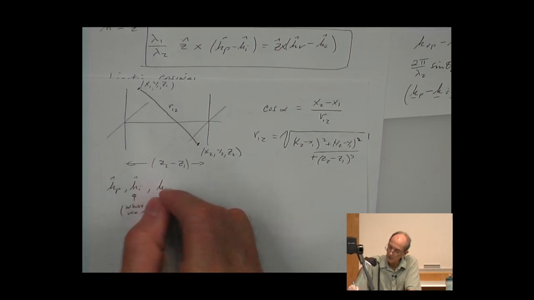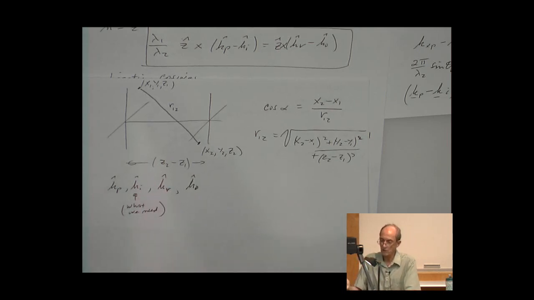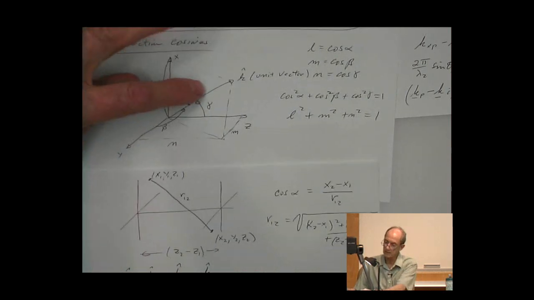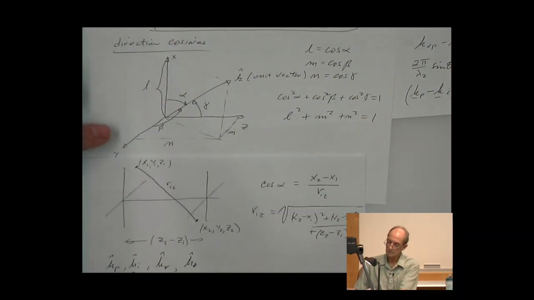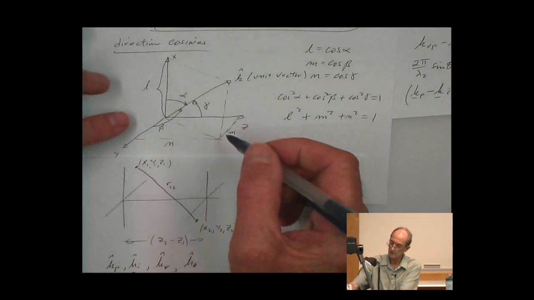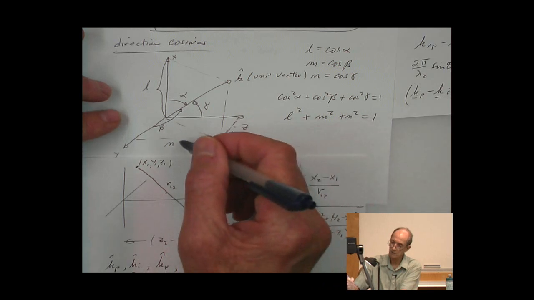And we have kr, and we have ko. The relationship between all of these is given by that. And as you can see from this diagram, k now has an x component, which is L, a y component, which is m, and a z component, which is n.